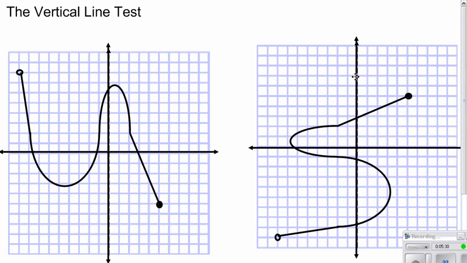If you drag that vertical line and it touches in multiple points, then it's not a function. So this graph on the left, that is a function. On the right, this is not a function because it touches in more than one place. So it's not a function.